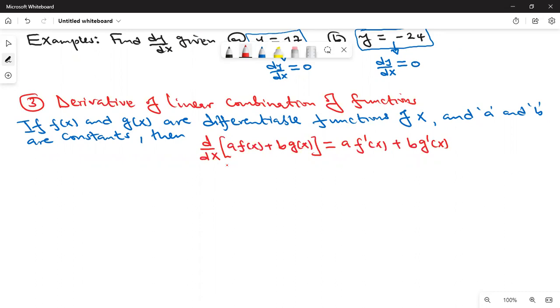That is called a linear combination of the two functions f and g. A and b are scalars. They are constants.